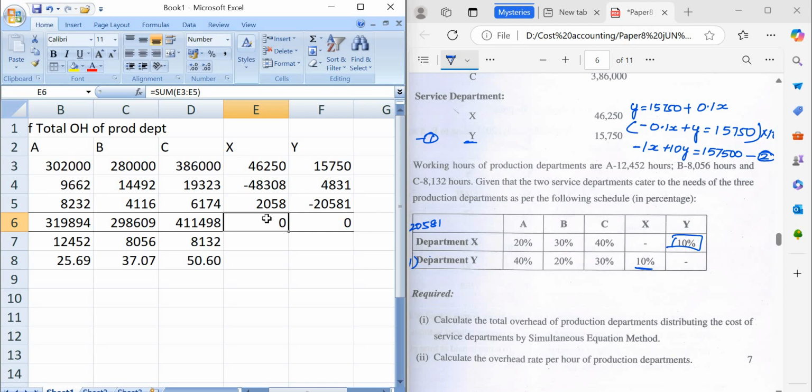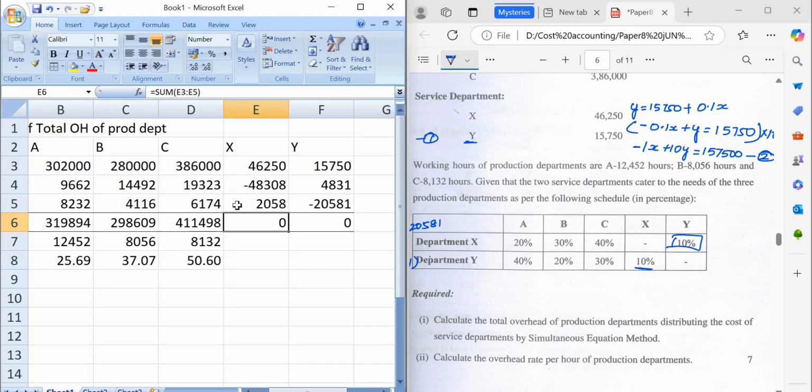If I am not getting that, then my calculation went wrong somewhere, so I need to check again. So based on simultaneous equation method only, I will be having 2 steps only. For repeated distribution method, we will be having so many steps. So we want to ensure that, then for this calculation we will be having some marks.